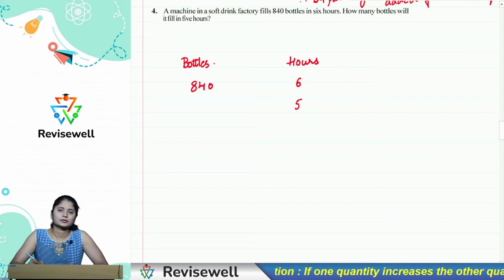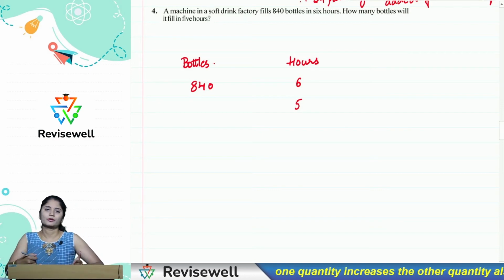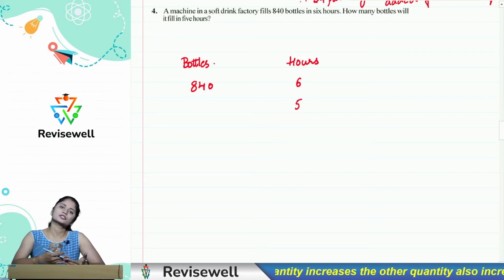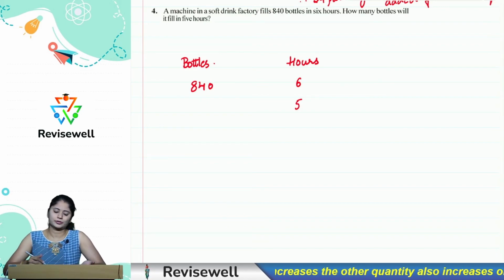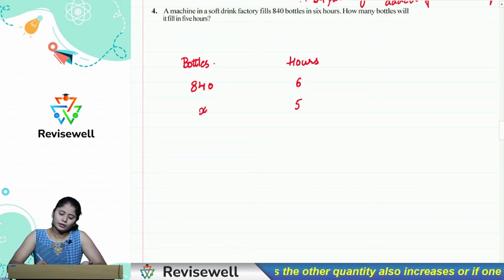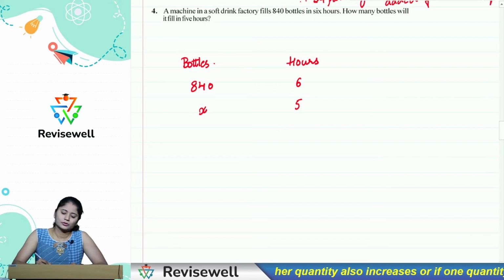So 5 hours. Since you are reducing the number of hours, definitely the number of bottles to be filled will also be reduced. So let X be the number of bottles to be filled.